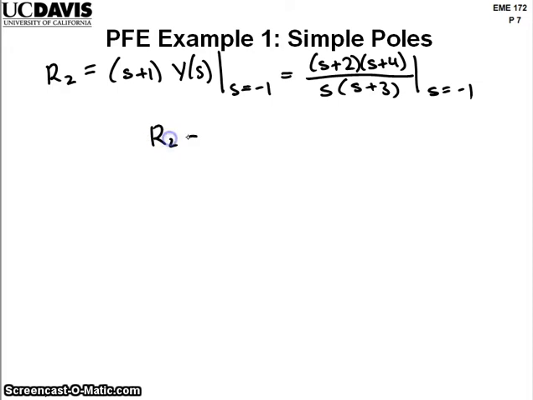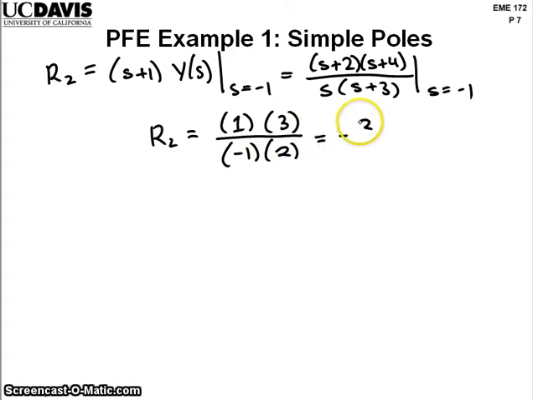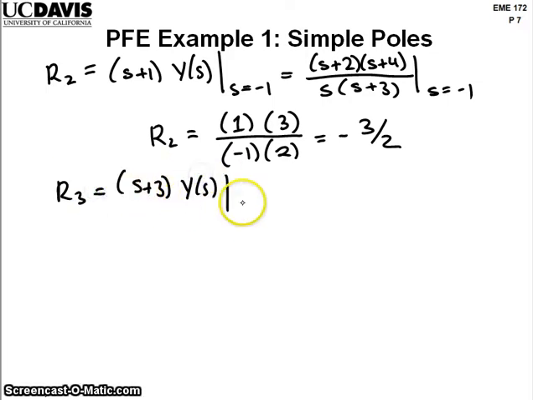So R2 is minus 1 plus 2 is 1, minus 1 plus 4 is 3, divided by minus 1 plus 3 is 2, and so I get minus 3 halves. That's R2. And then R3 is equal to s plus 3 times Y of s, evaluated at s equals minus 3. And so I get s plus 2 in the numerator.